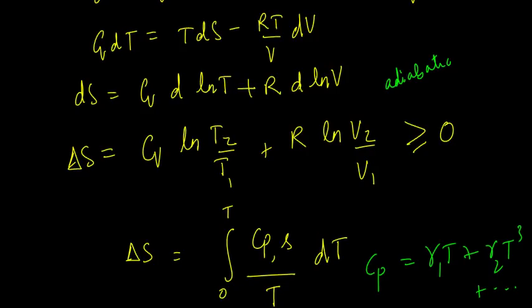Nothing is allowed to leave or enter. It's a closed system. But if some mechanical contact is there, then work can be done, and it will not remain an isolated system.